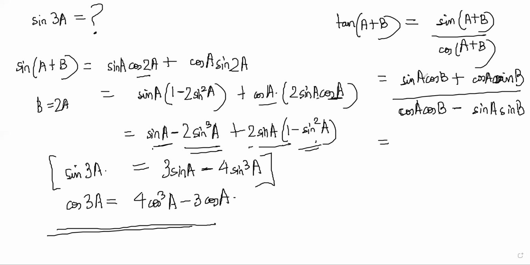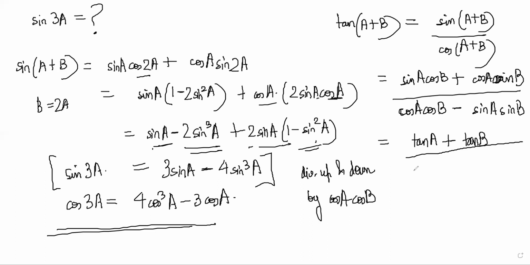Now divide up and down by cos a cos b, numerator also, denominator also. See what happens in the top. If you divide by cos a cos b, it gets cancelled and becomes sine a by cos a, or tan a, plus tan b, since cos a gets cancelled. In the denominator it will become 1 minus tan a tan b.